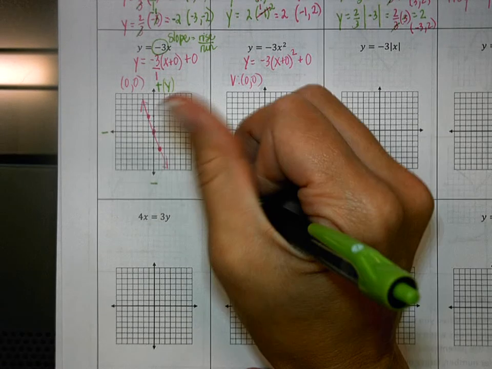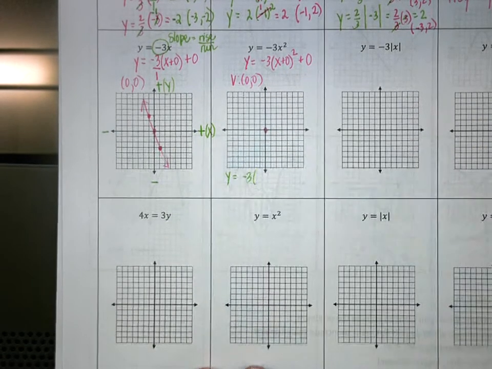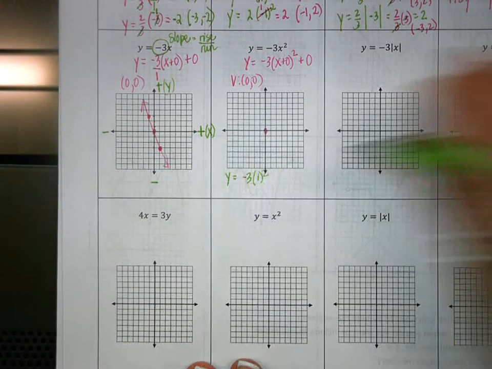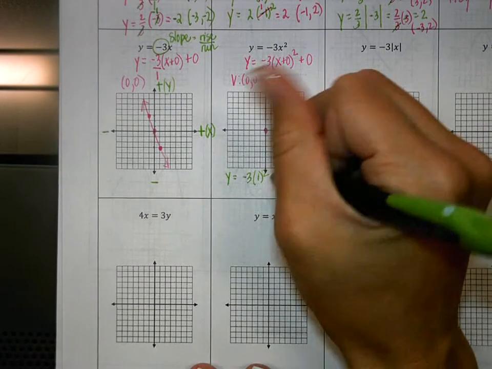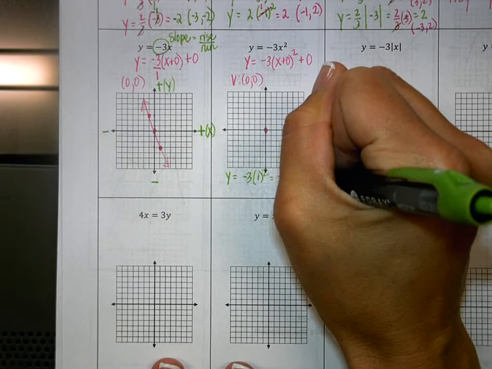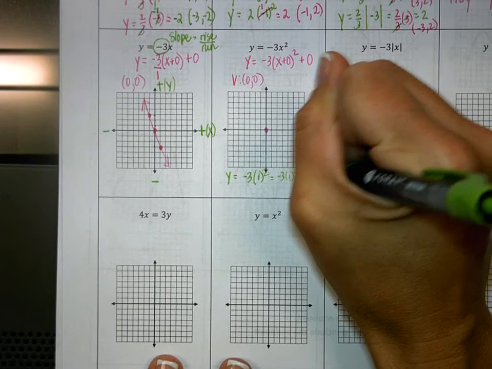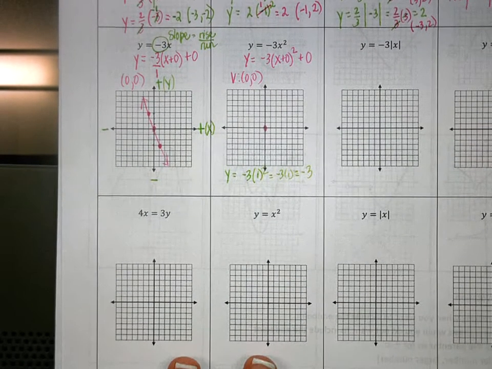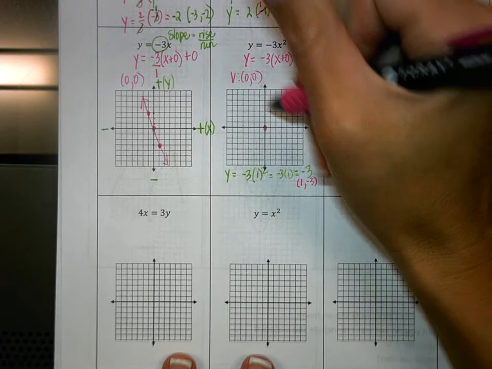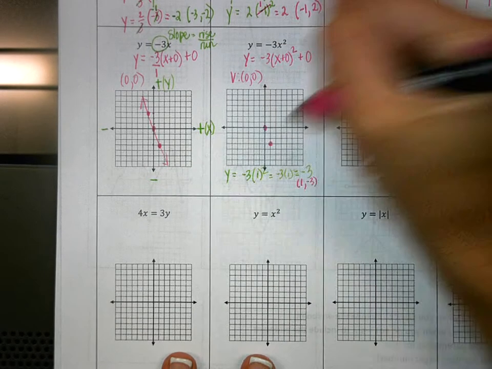So we have y equals -3, and I'm going to start with plugging in a +1 squared. What's 1 squared? 1, good. So -3 times 1 equals -3. Good. So what is that ordered pair? 1, -3. So right 1, and then I'm going down 3.